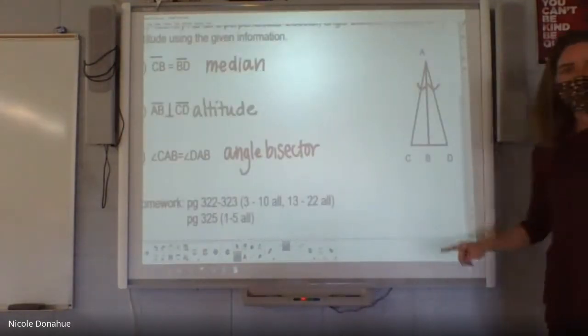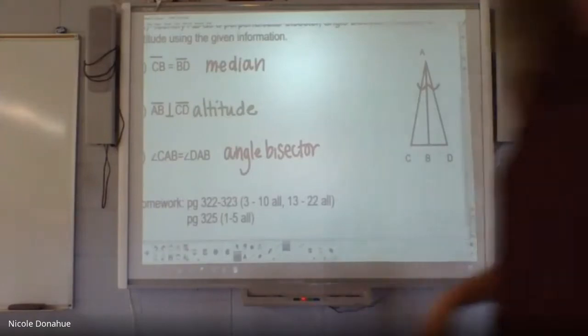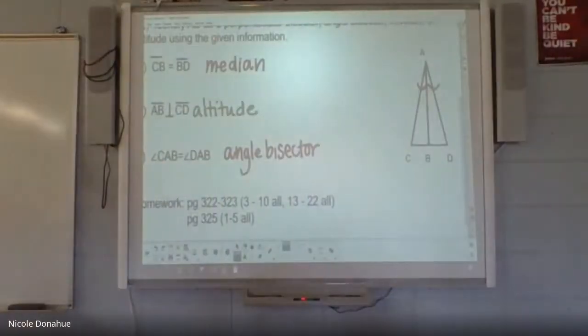Let me just double check that there's no graphing homework in here. Now that I took that graphing problem out, I did want to make sure that graphing's not part of it. So I think we might have to alter it a little bit. Let me see. You guys can skip 8.